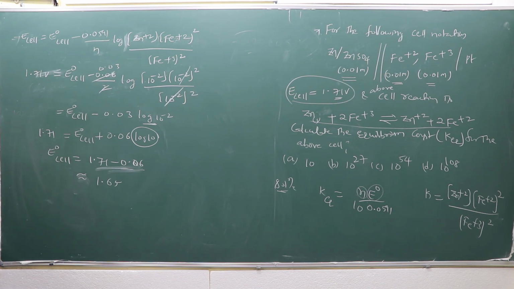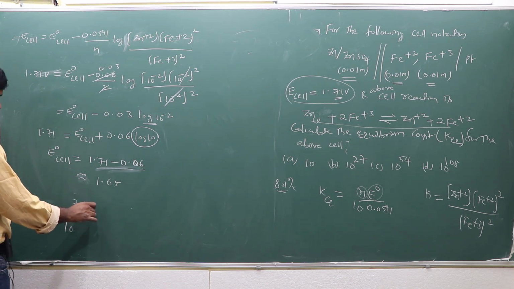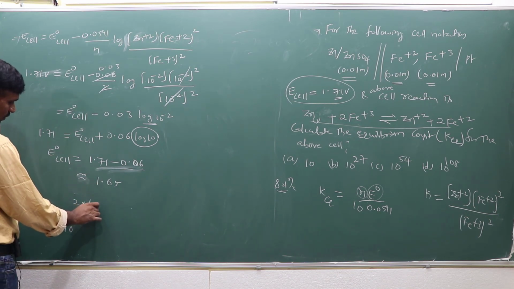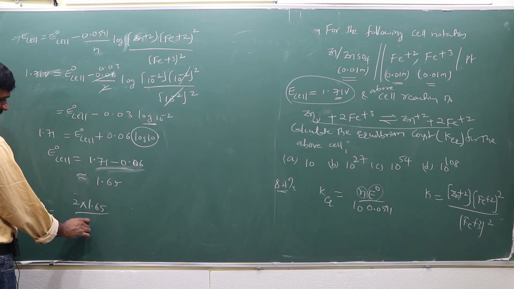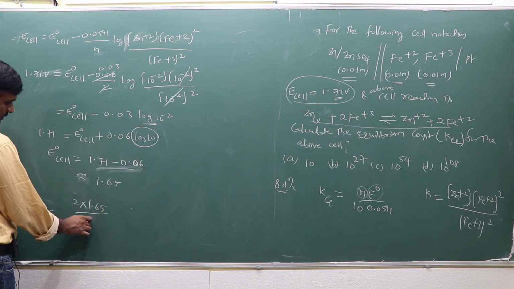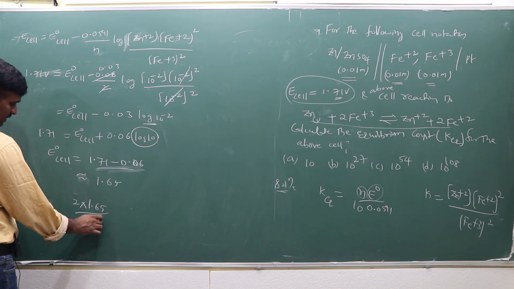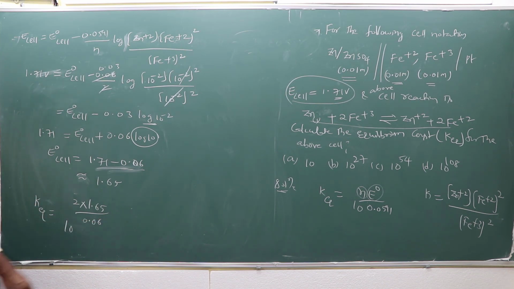Right, by using this K equilibrium you have to calculate. Then 10 to the power of nE naught by 0.0591. You know that n is 2 electrons, and E naught value is 1.65 by 0.0591, which is approximately 0.06.